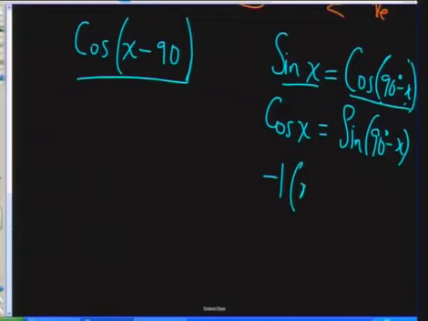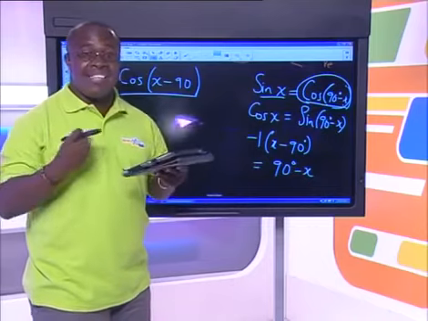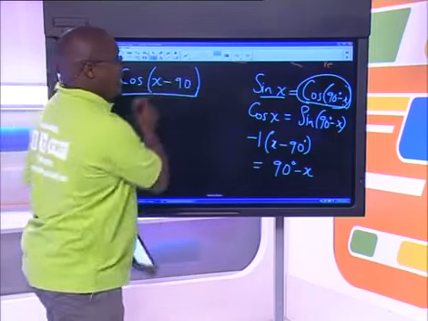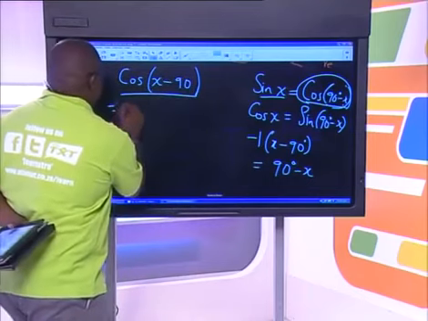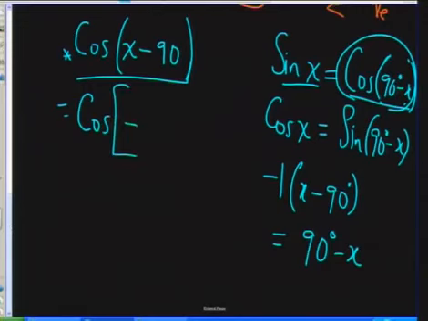Now, I also know that negative 1 times x minus 90 degrees is going to give me 90 minus x. So first of all, I'm going to apply that negative multiplication so that I can have it in this form, because I want it in a way that can help me simplify this. Now I'm going to rewrite this expression and say cos of negative 1 times x minus 90, like that.